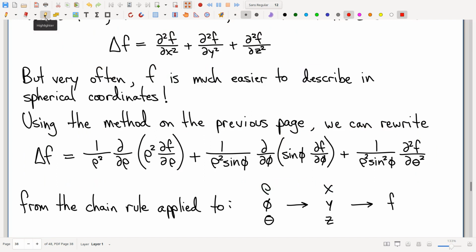And so, for example, let's look at just this little part right here of our alleged spherical Laplacian. Second partial with respect to theta. Well, here's f, and here's theta. Notice, just like on the previous page, if f is a function of rectangular coordinates, and if polar coordinates are what they are, then computing this thing here is really just a matter of doing what we did on the previous page.